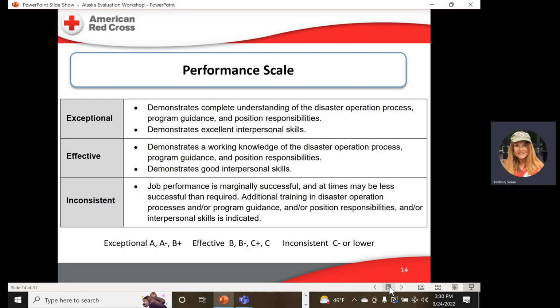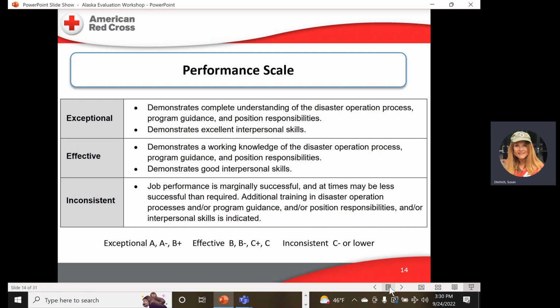Does somebody demonstrate a complete understanding of the DRO process and the program guidance and what their position is? Do they demonstrate excellent interpersonal skills? So really, a lot of people can get exceptional in doing just that.